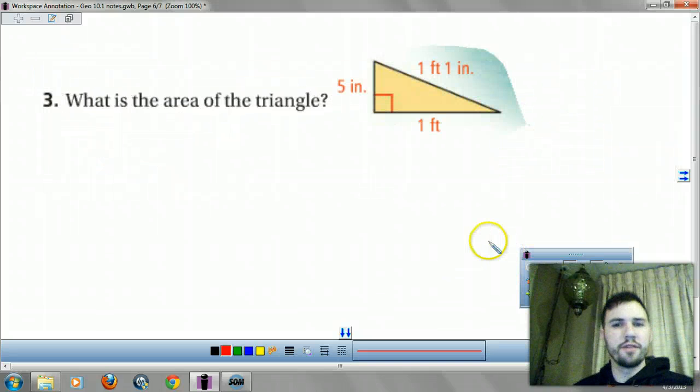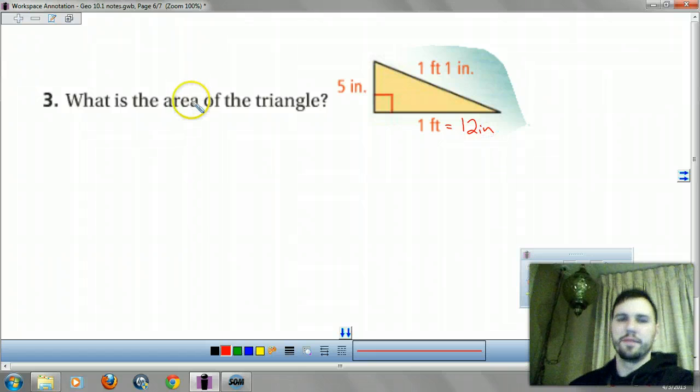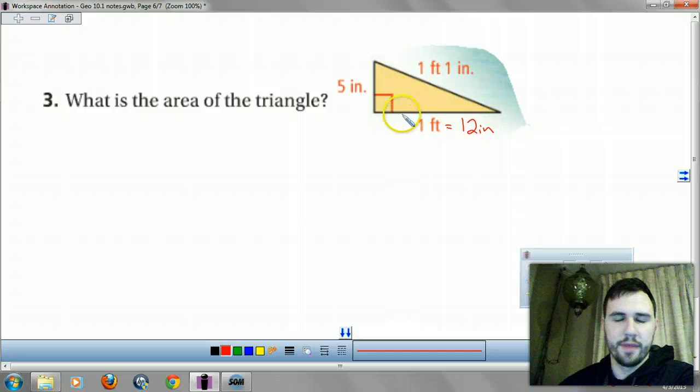Okay, so let's find the area of this triangle. 5 inches, 1 foot. So first things first, let's convert this all to inches. We all know 1 foot is 12 inches. Make sure you're using the same units, guys. So my base is 12 inches. My height is 5, because that's a 90-degree angle.